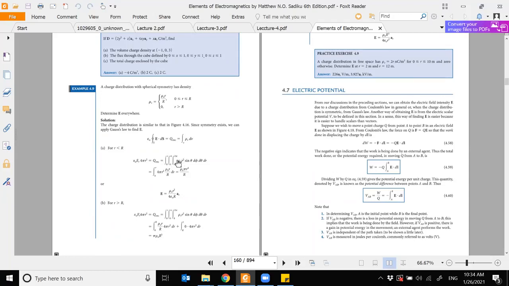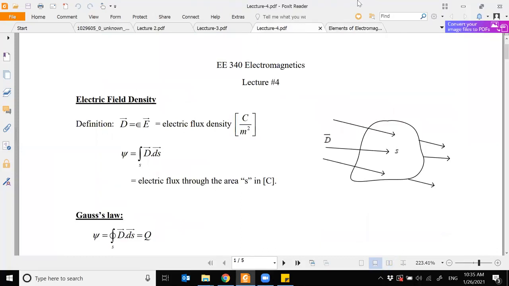You have to substitute rho v with this expression, keep it inside, and then do the integration. And as you mentioned, because this is spherical coordinates, dv will be composed of d phi, d theta, dr, and accordingly you have to do the integration. Clear? Okay.